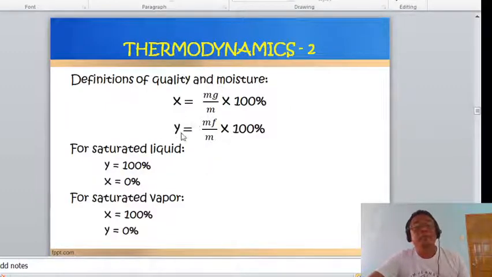For the moisture, we have the mass of the liquid divided by the total mass. Of course, we multiply it by 100%. So, that is the formula.